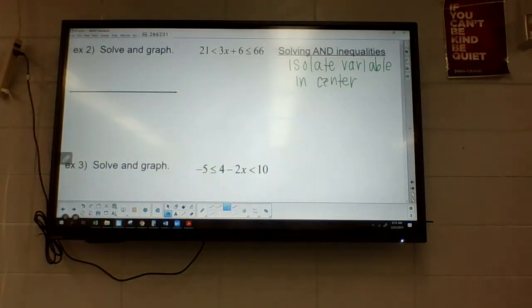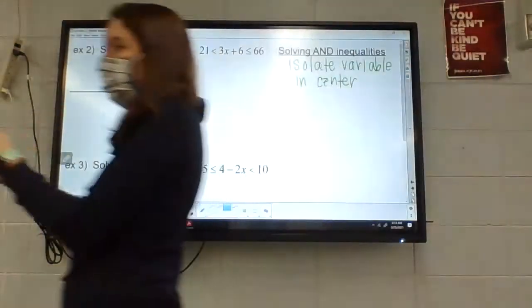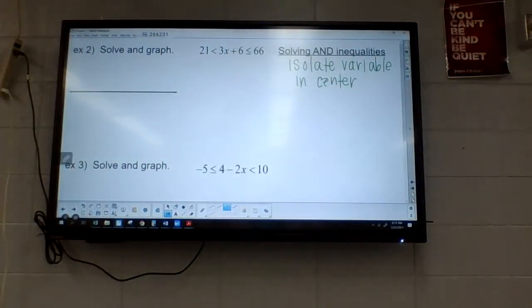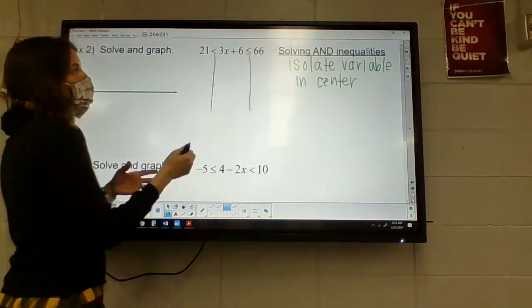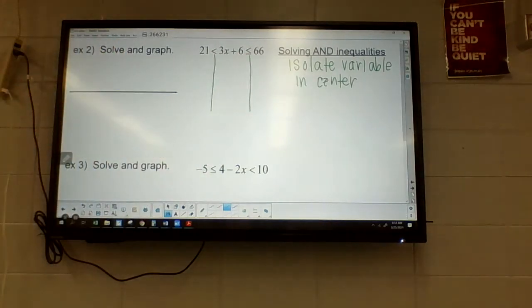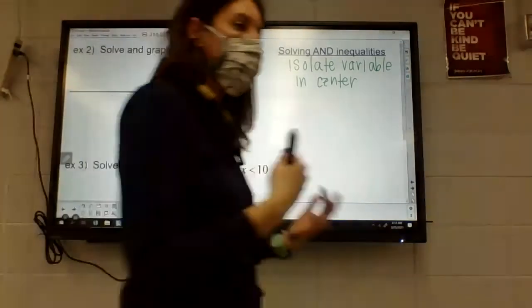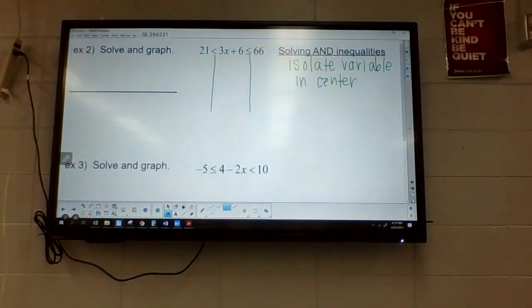What we're going to do is undo what's happening to the variable in the middle, and then do that to either side of the inequality. It's almost like there are three parts to this inequality, so it helps to draw border lines, because those are our three different parts. We're going to use the same steps we normally do, but whatever we do to the middle, we do to either side.